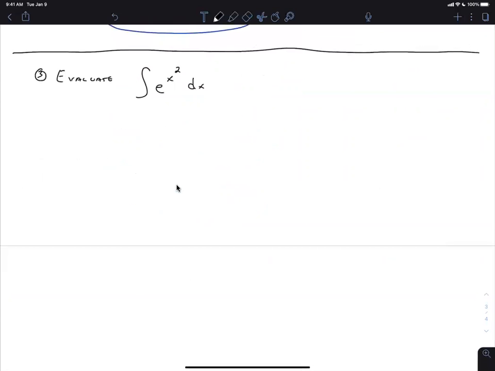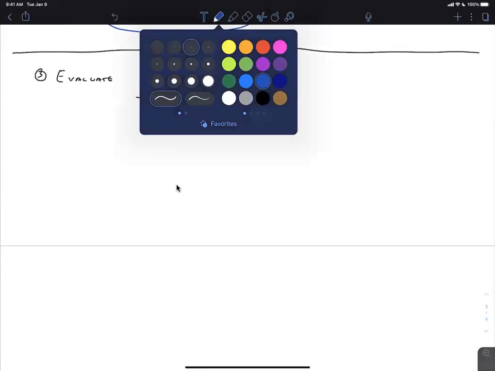So u substitution doesn't work, parts doesn't work, trig sub, partial fractions, none of that stuff works. You can actually prove beyond basic calculus that you cannot do this using what's called elementary functions, meaning you can't get a normal looking antiderivative for this, but we can get an antiderivative as a series.